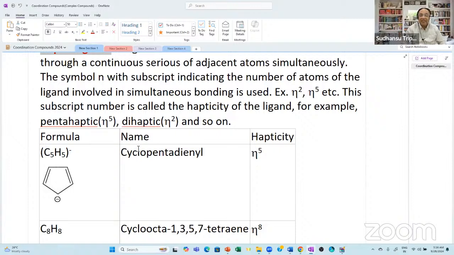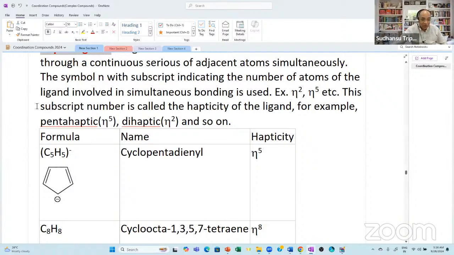If that is the case, it is called a haptic ligand, and the number of contiguous atoms that coordinate is called the hapticity, not denticity. Denticity is a single atom. Ethylenediamine is a bidentate ligand: there are two clear-cut teeth, one here, the other one here. But if all the four atoms simultaneously coordinate, the bonding is very complicated. We will be discussing that at the end.